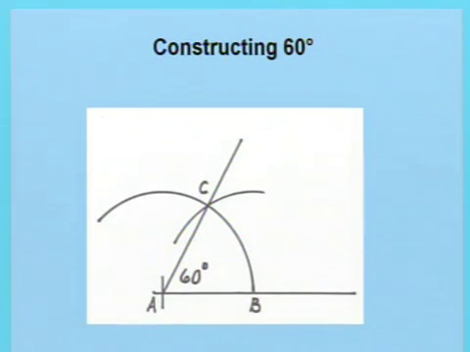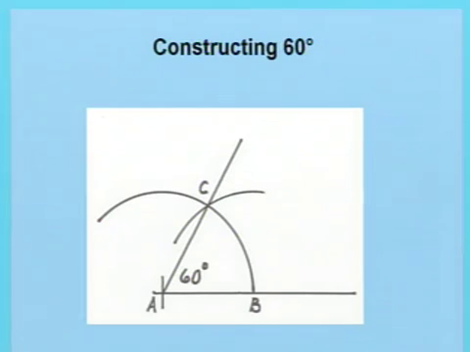Constructing 60 degrees. We are given line AB, and at A we want to construct using the pair of compasses an angle of 60 degrees. Center A and a convenient radius, draw an arc from B going through C, then center B without changing the radius, make another arc to cut the first arc.